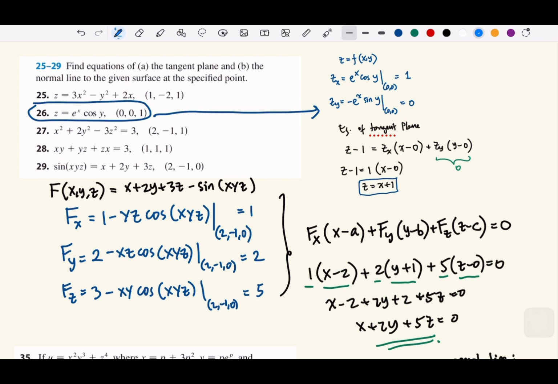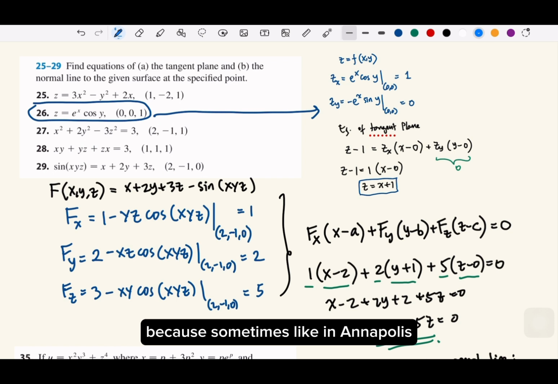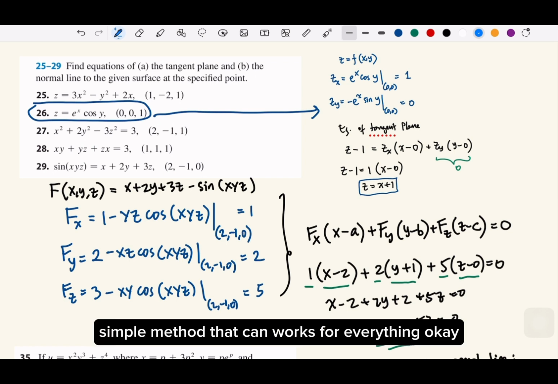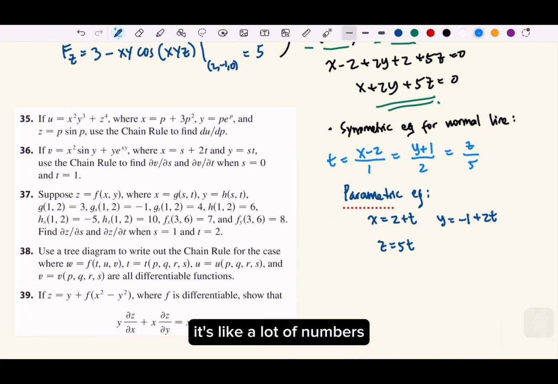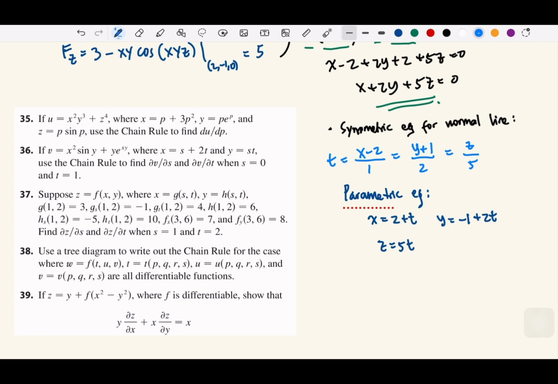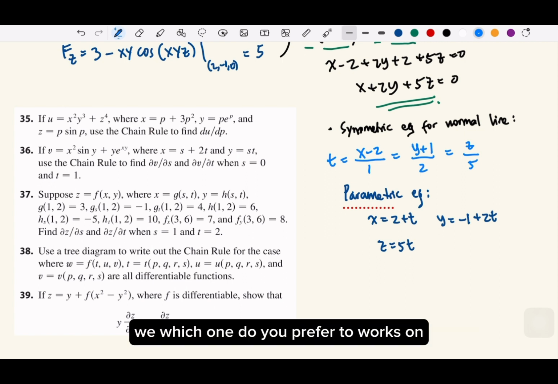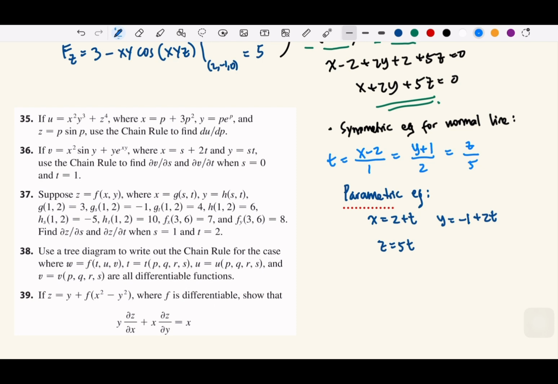Sometimes in calculus you have several methods, but at the end there is some simple method that works for everything. Like in the tangent plane, you can just use this. From these, there are a lot of numbers, but let's see which one you prefer to work on, 27 or not? I am also confused looking at the numbers, but it's doable.